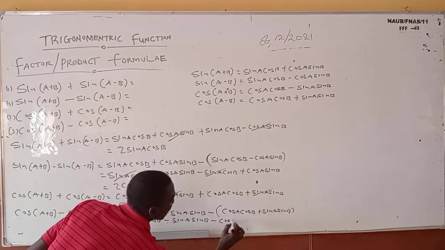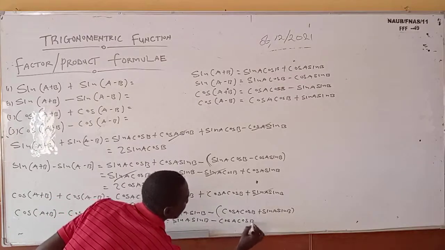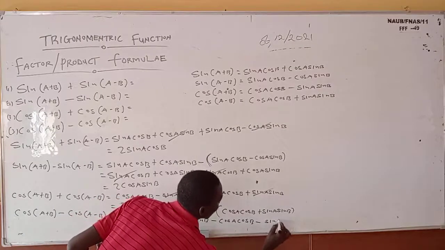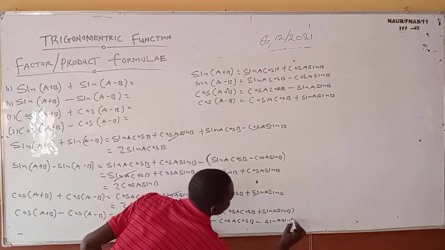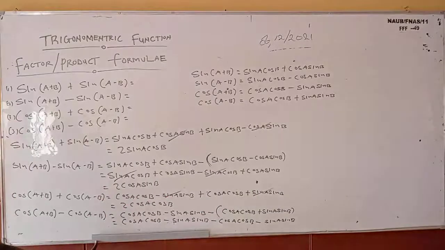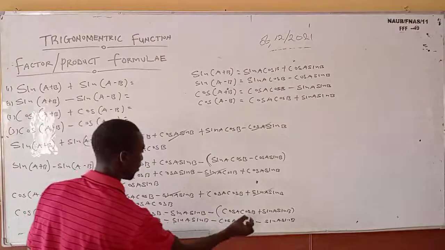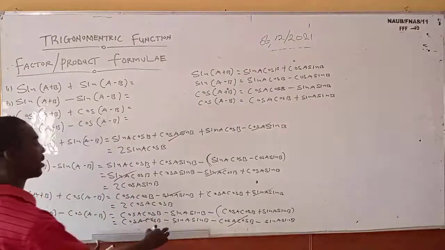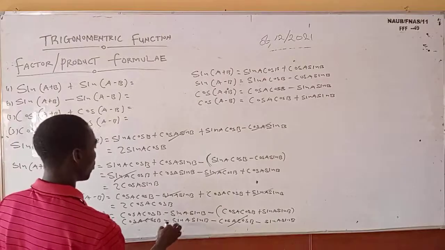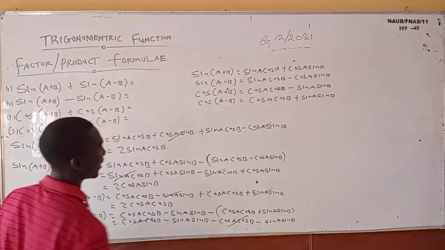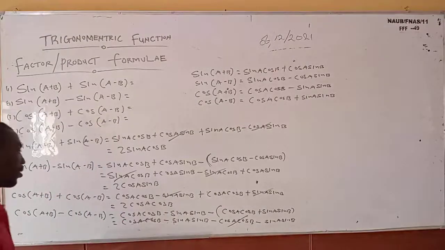Minus cos A cos B minus sine A sine B. Hope you get that. So if you look at this now, what do we cancel out? Cos A cos B minus cos A cos B we cancel out. Then we'll be left with what? Minus sine A sine B minus sine A sine B, which is nothing but what?